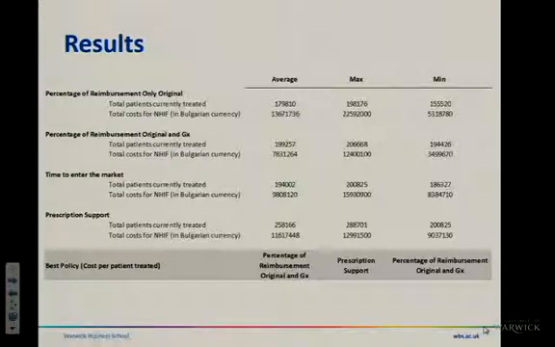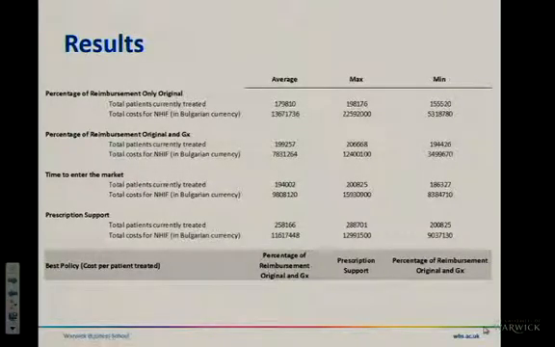And what is the cost that this implies for the National Health Institute? Here we calculated an average over all these different simulations, a maximum and a minimum. And then we look at the best policy in terms of cost per patient treated.